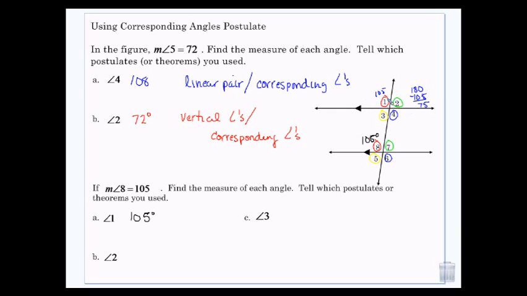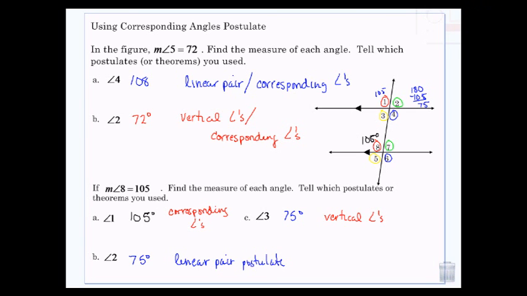Because these two make the straight line, and the straight line is always 180. So 75. And if angle 2 is 75, what's angle 3? They're vertical. 75. Help? A little bit better?